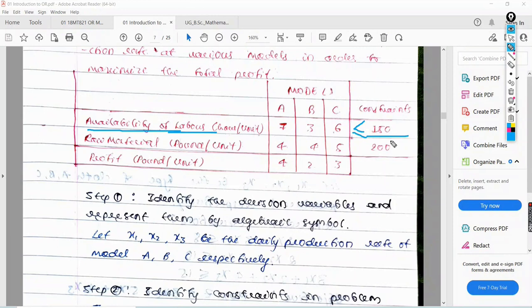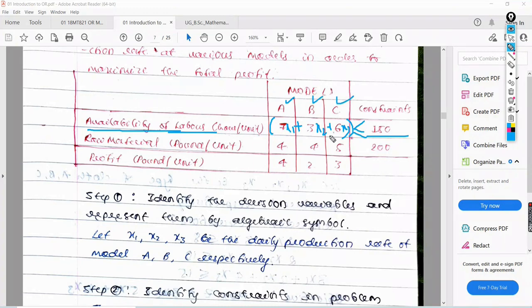Equal to 150 is okay, and less than 150 is also okay. So 7x1 plus 3x2 plus 6x3 is less than or equal to 150. This value should not exceed 150 in order to produce the A, B, C models.